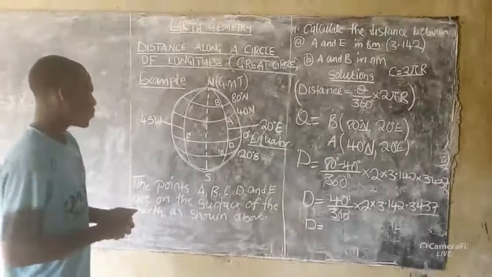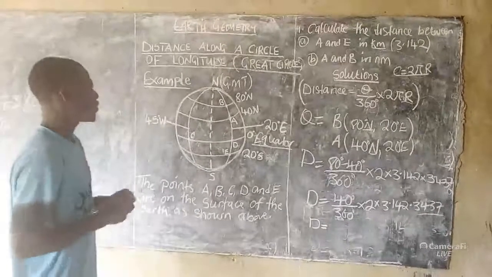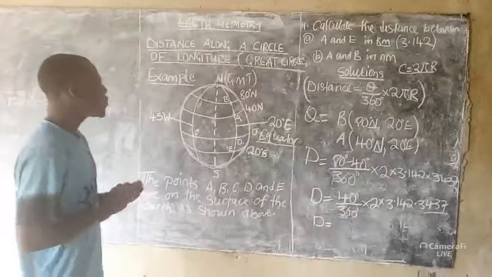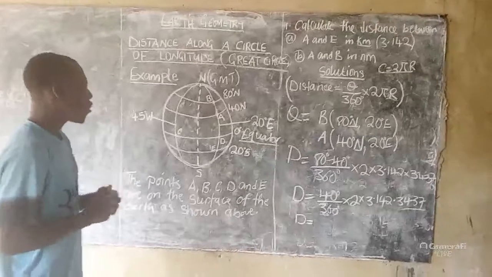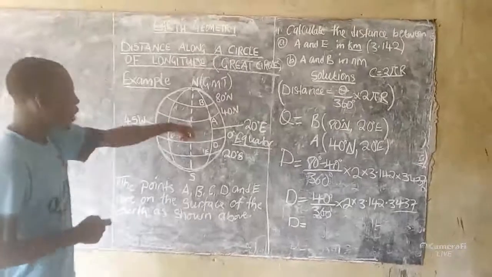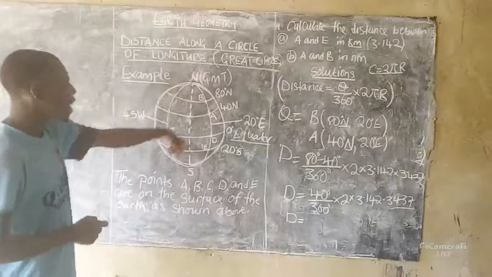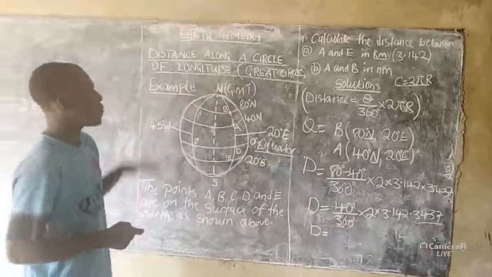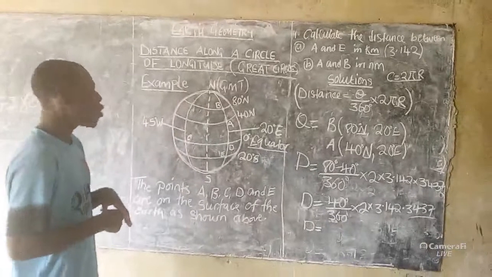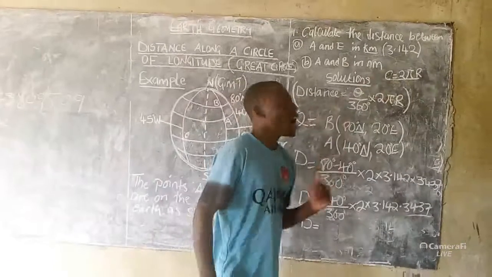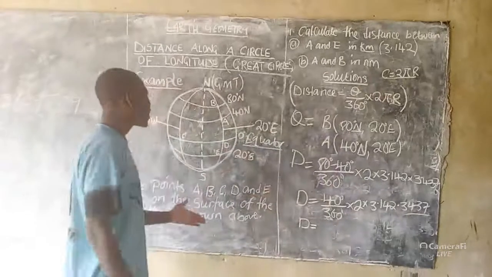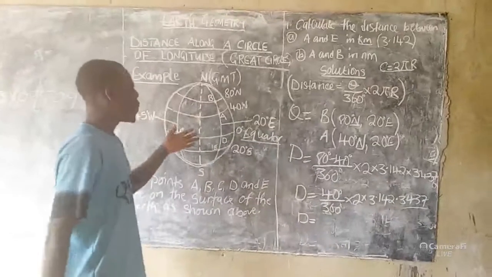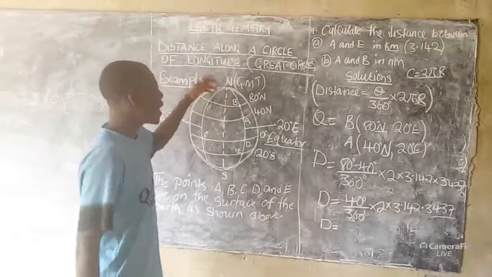Now, I said that we have a great circle. A great circle is given by the longitude. The great circle given by the longitude is calculated by that. And we have the small circles that can be calculated by latitudes.